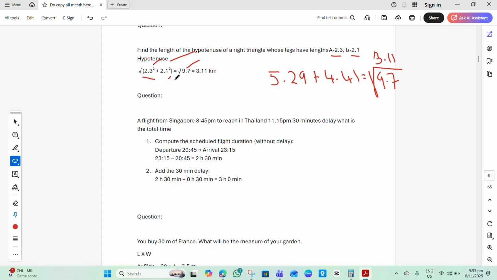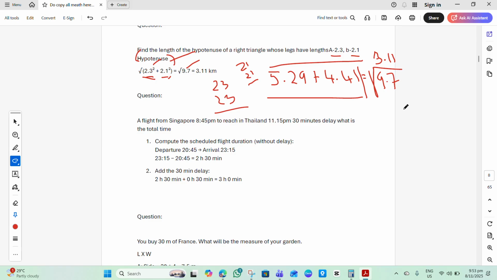So for this question, remember, it asks for the hypotenuse with 2.3 and 2.1. If you don't have a calculator, also no problem. You do the multiplication 23 times 23, then 21 times 21, to get the square values. Once you get the square values, add them together.